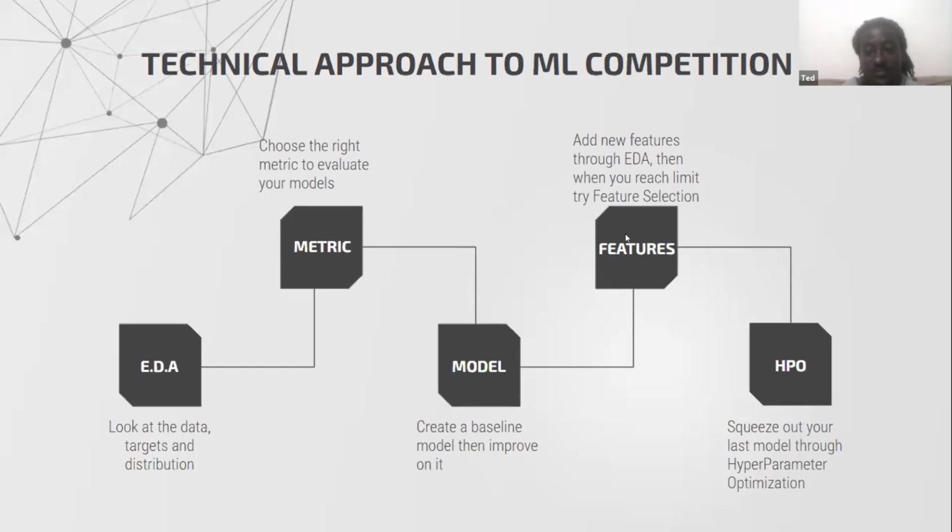And when you get to a point where you've added new features and your model's performance is no longer getting better, then it's time to test out new models. So you've created a baseline model, you've used EDA to create new features, and you've gotten to a point where the model is no longer performing better.